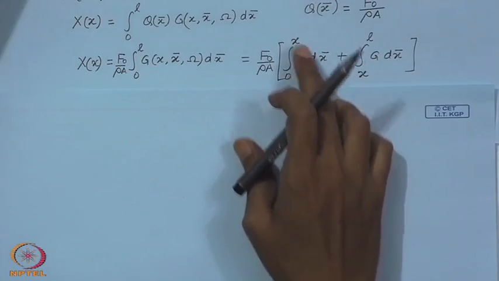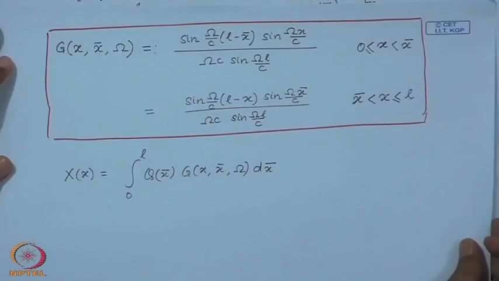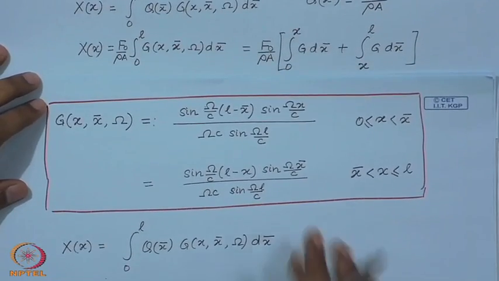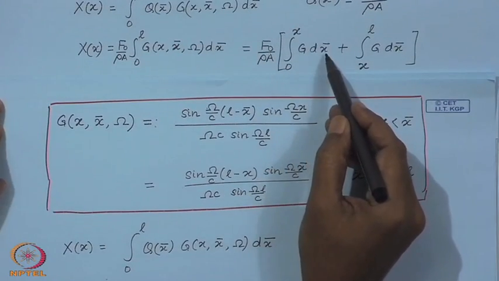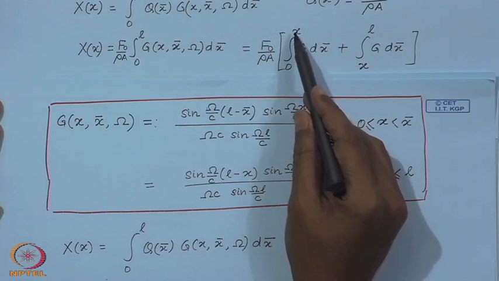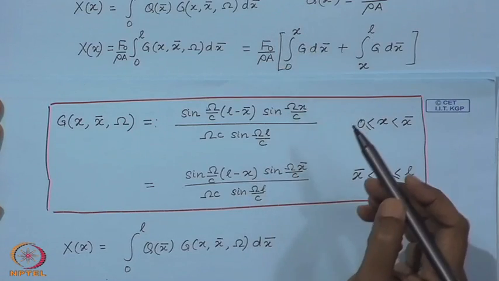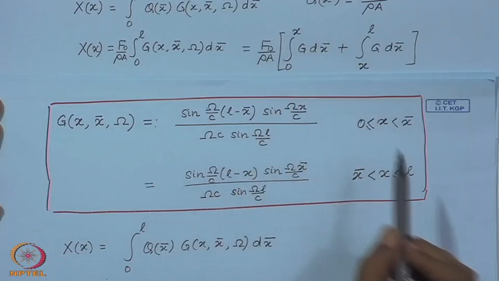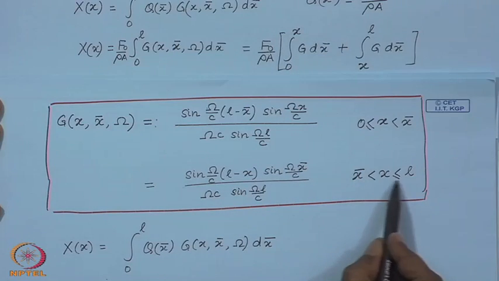so x bar lying between 0 to x, let us once again look at the Green's function. X bar lying between 0 to x, which means x bar is less than x.